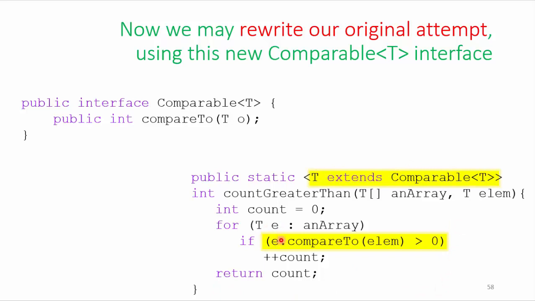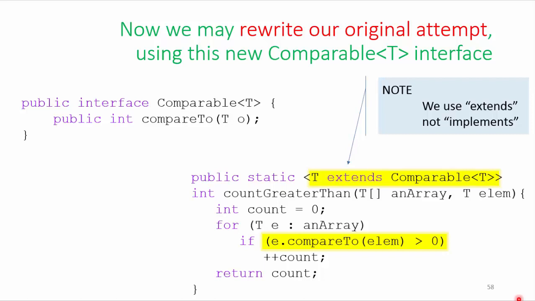So now we know that e is of data type T, which allows us to call compareTo on e and test whether it's greater than 0. So we replace that greater than test with a proper comparison between objects, but we make sure that anytime this generic method is called, the actual type that is passed as type argument is going to be a T that extends Comparable. If not, the compiler will warn us.